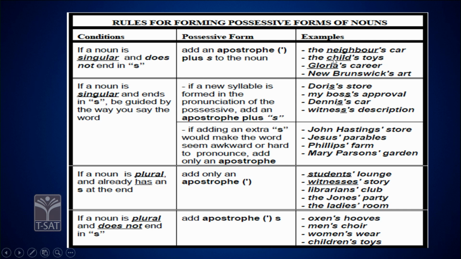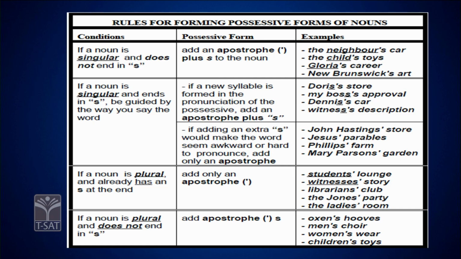Child is a root noun, and it is not ending with s. So what is the possessive form that we are going to do? We should add apostrophe and s. So the child's toys. Gloria's career, New Brunswick's art, something like that.